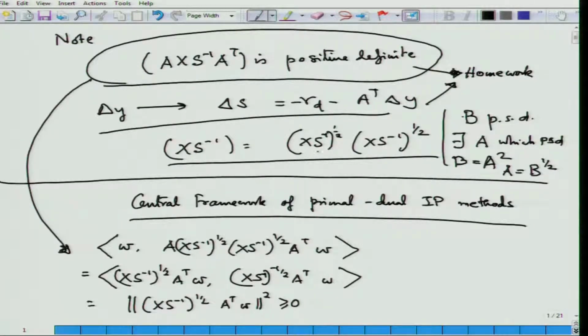So, here I can write this into these two parts, and I put it here in this place, and then I take the transpose. This is a symmetric matrix.